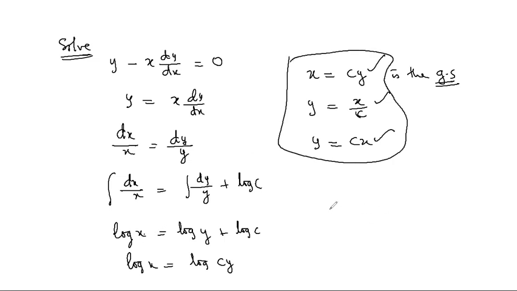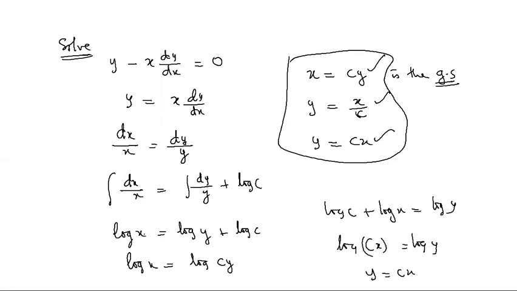Even you could have written like this: log c plus log x is equal to log y. In that case, you would have got log cx is equal to log y. In that case, you would have got y equal to cx. You would have got this answer. The difference between this and this is only that here log c was written on the right hand side. Here log c is written on the left hand side.